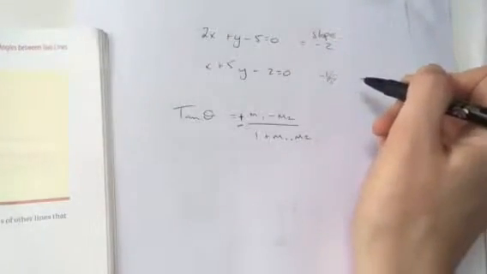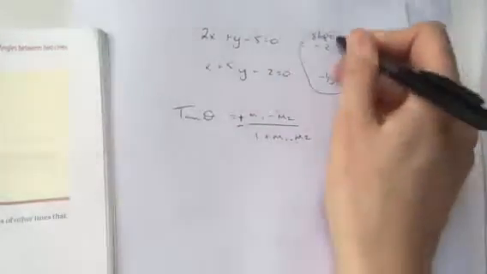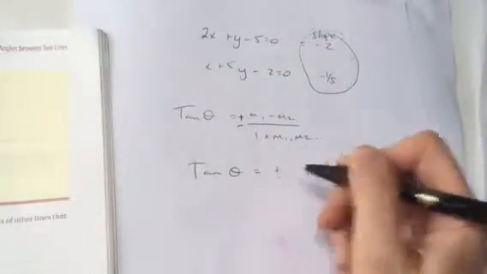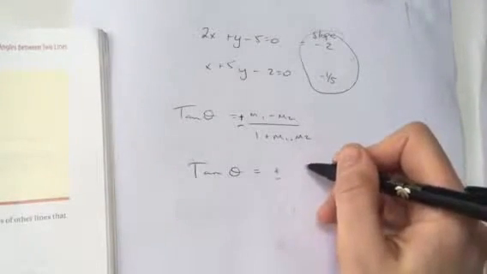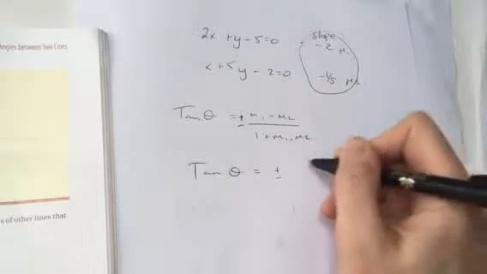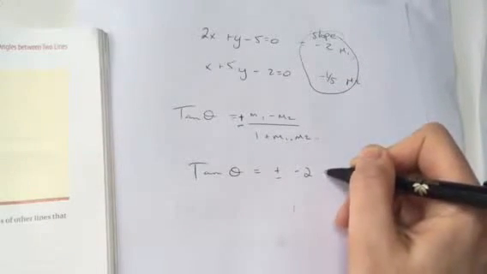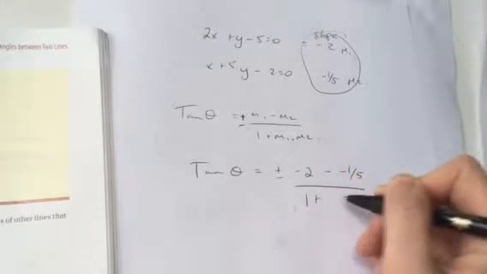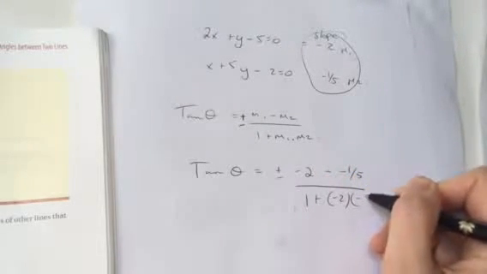You should be able to work that out, that's junior cert stuff. That means the tan of the angle is equal to plus or minus, let's call this one m1 and this one m2, minus 2 minus minus a fifth, over 1 plus minus 2 times minus a fifth.